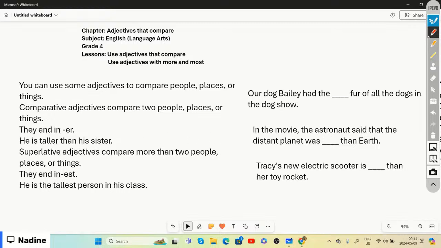All right. Then we also have superlative adjectives, right? Superlative adjectives compare more than two people, places, or things.